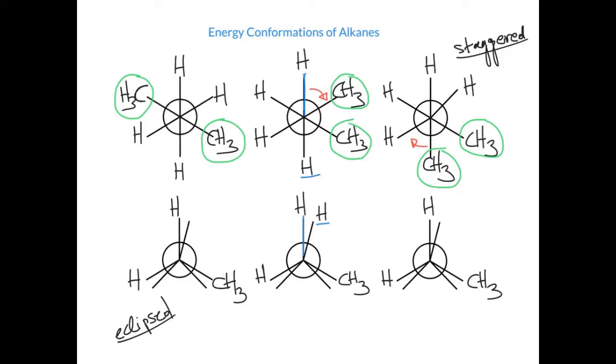Up to now we have seen what happens in the case of staggered conformation, where we have a dihedral angle between carbon 2 and carbon 3 substituents equal to 180 degrees. Let's see now what happens in the case of eclipsed conformations, where we have a dihedral angle of 0 degrees between carbon 2 and carbon 3 substituents.